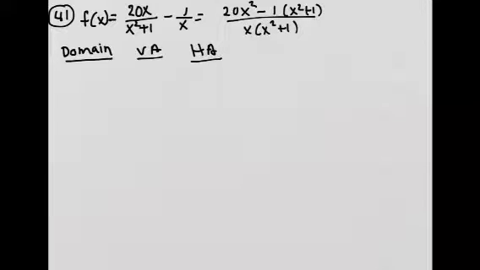Okay, so I got a common denominator. This is now squared because I had to multiply this one by x over x, because I needed that to have a common denominator for both fractions. And then this one gets multiplied by x squared plus 1, because again, that's what I was needing in this denominator here.